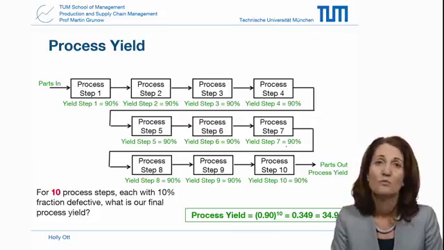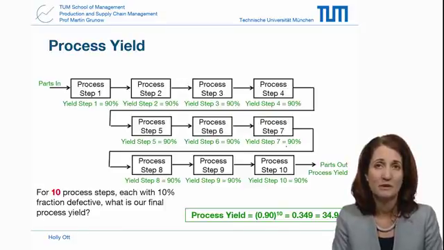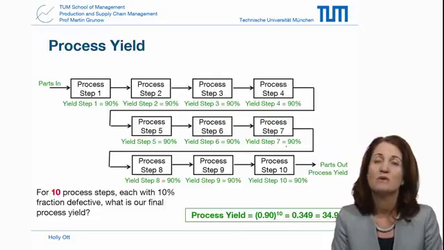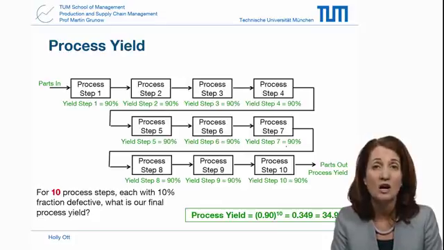Now, why was this Six Sigma capability so important? Well, we also learned about process yield, and we saw that a complex process with many steps can have unacceptably low yields, even for fairly high yields at each individual step. And for a product like a car with thousands of parts and processes, the Six Sigma capability is required even to achieve a reasonable final yield.